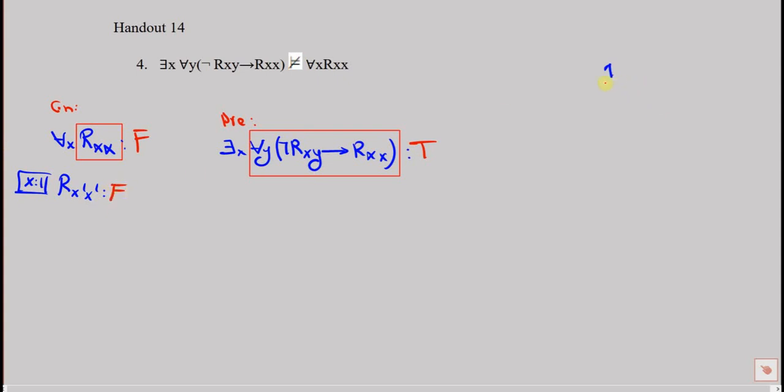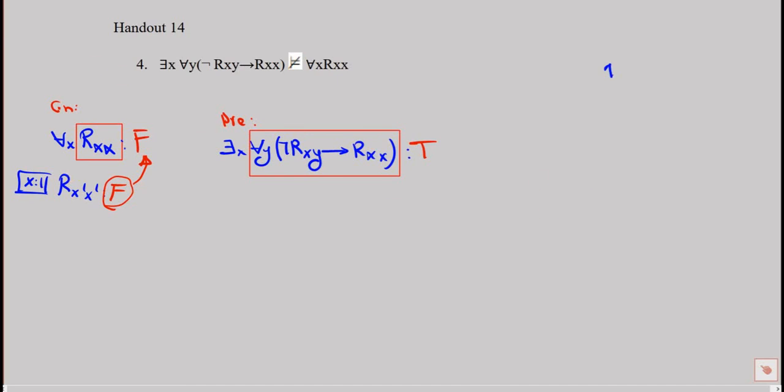And in this interpretation that we have here, notice that there is no arrow going from 1 to 1, right? So already R11 is false. Okay, and that is enough to make the universal false. Okay, so we are good with the conclusion. We made it false. Now we move to the premise.